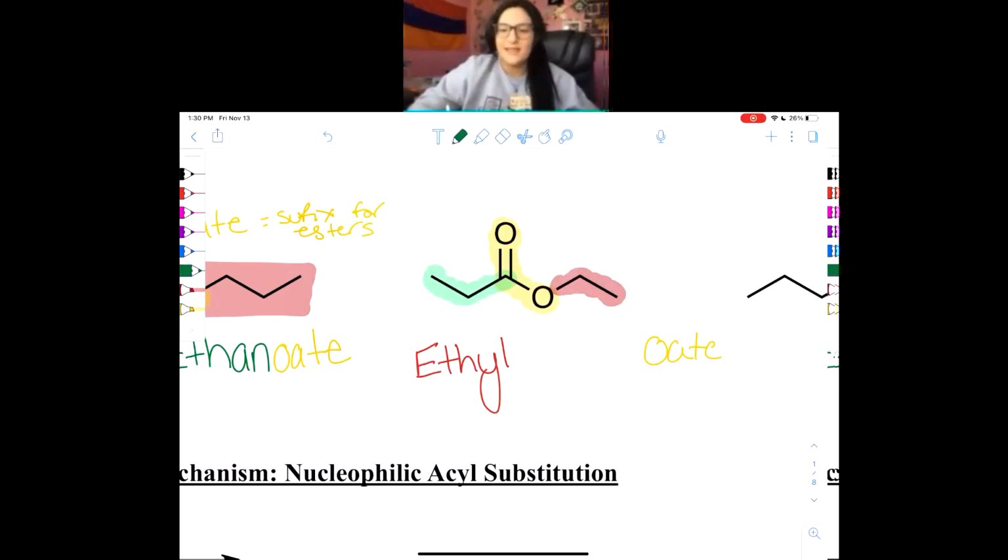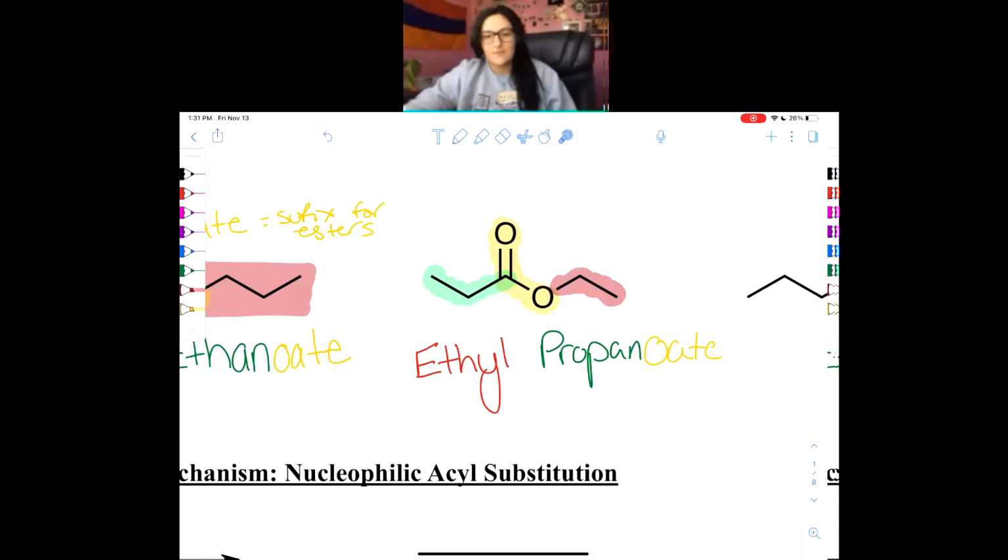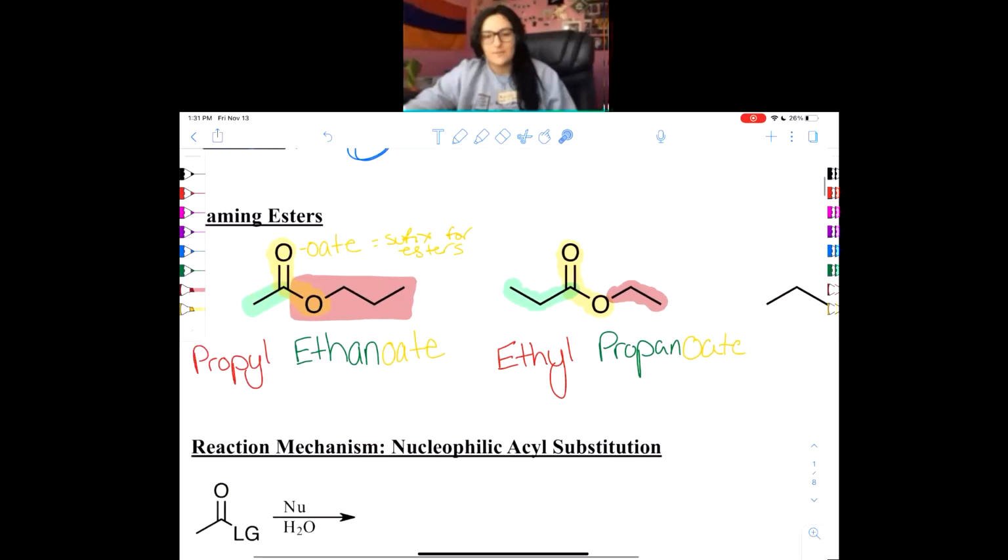And yes, guys, you're correct, it would be propan. Oh, wait. In case anyone got confused by my mess of a color coding scheme, red here is the ethyl group, so that corresponds to the ethyl. The green corresponds to those 3 carbons, which we will call propan. And then the yellow is our ester functional group, which we will use the suffix -oate. So this guy would be called ethyl propanoate. Any questions on the first 2?